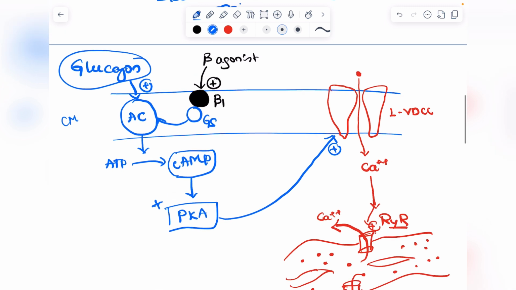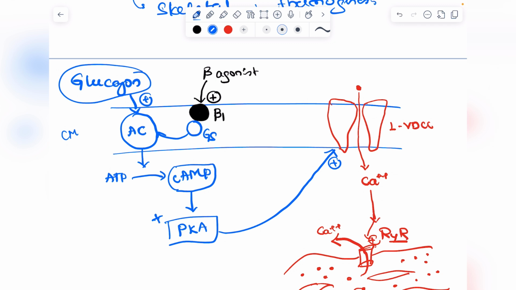Now this cyclic AMP produced by the action of adenylate cyclase will be converted to an inactive compound, 5-AMP, by the action of the phosphodiesterase enzyme. Again, this is an important part you have to remember, and while discussing treatment, I will tell the importance.